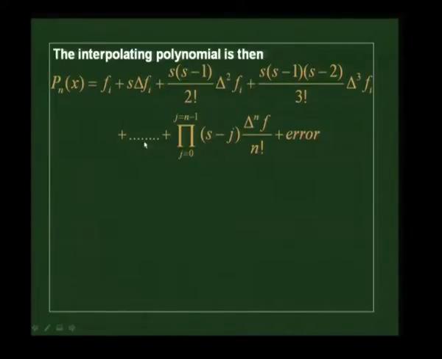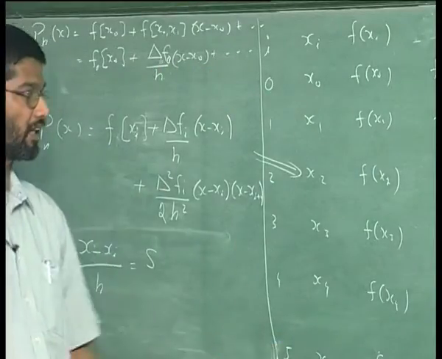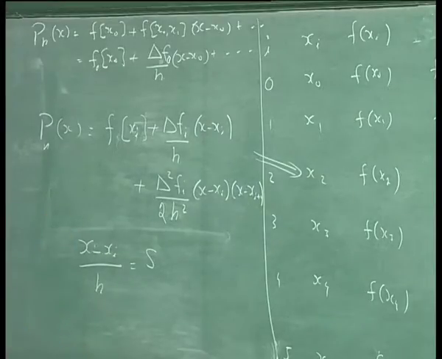When the data points given are equidistant, the whole thing simplifies to a polynomial of that form.